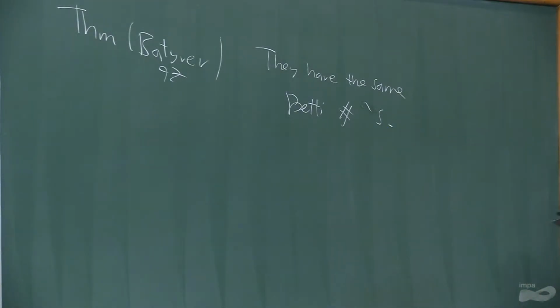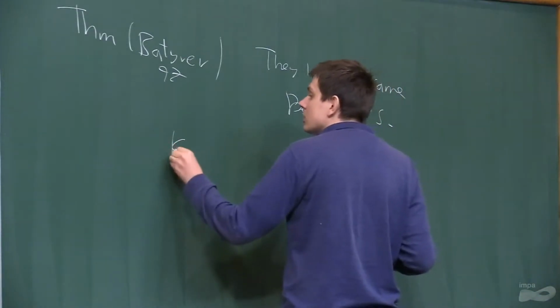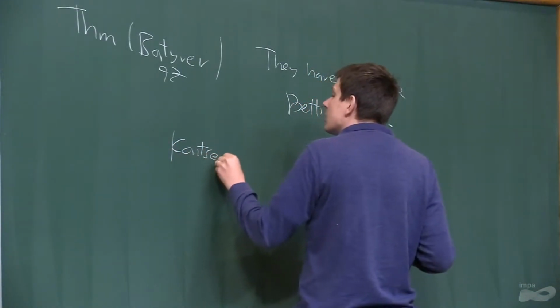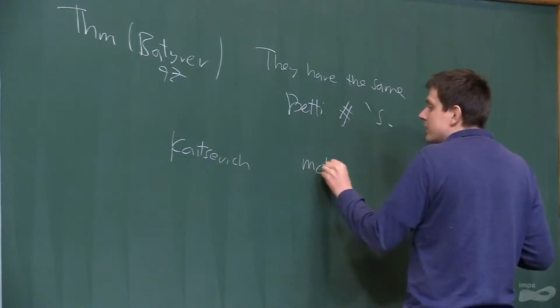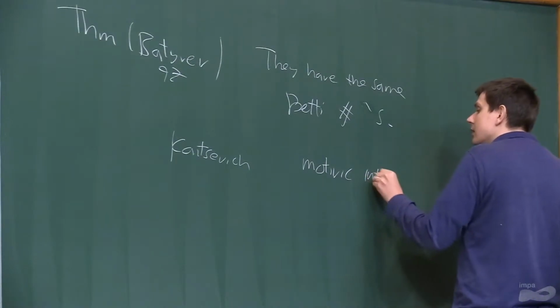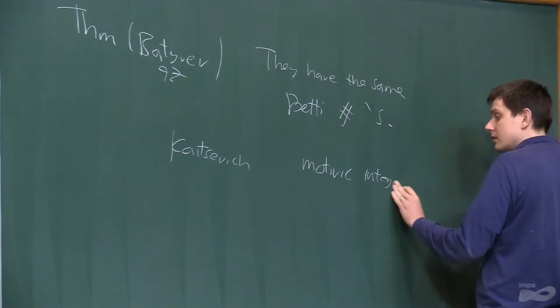Batoréo used a technique called p-adic integration to prove this. And later on, there was a technique by Kontsevich that used something called motivic integration to prove this.